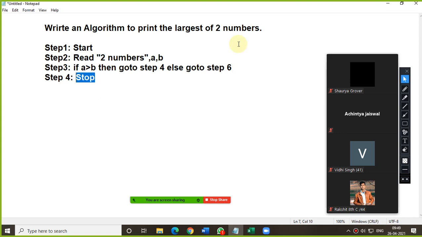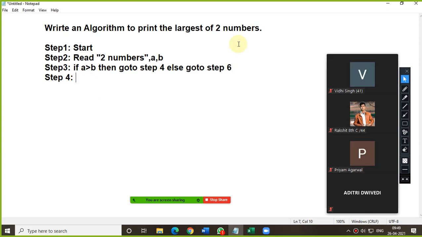Now, if the first condition is true, that means if A is greater than B, we are coming to step 4. So here what you are supposed to print? Print A is big.